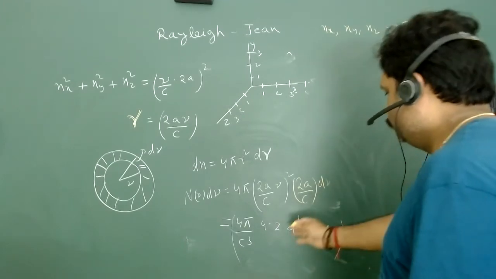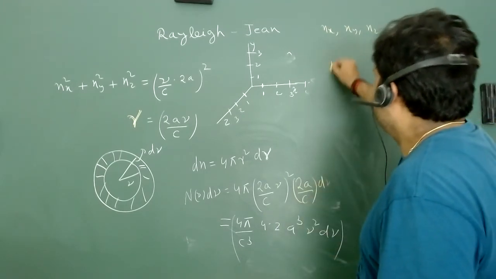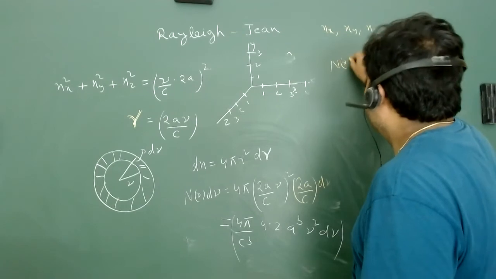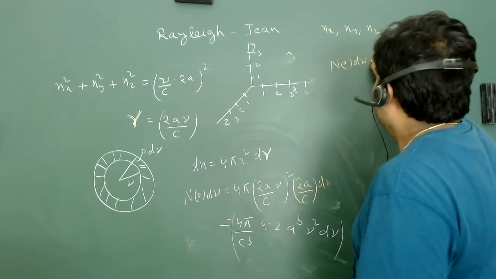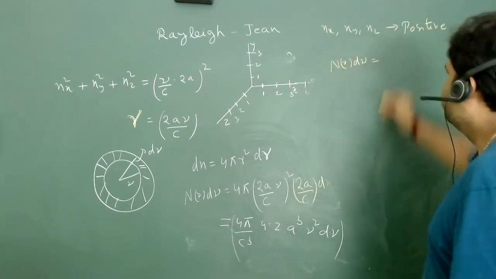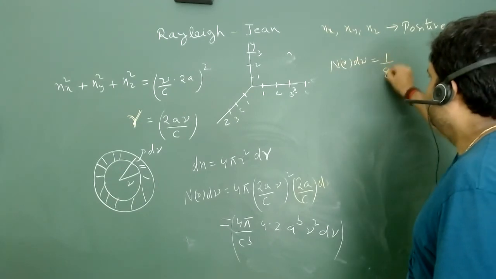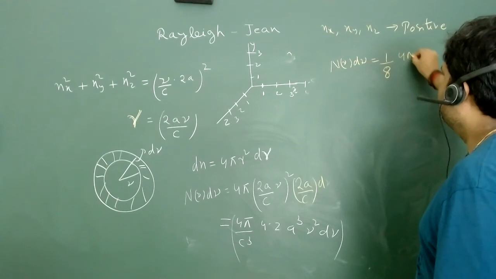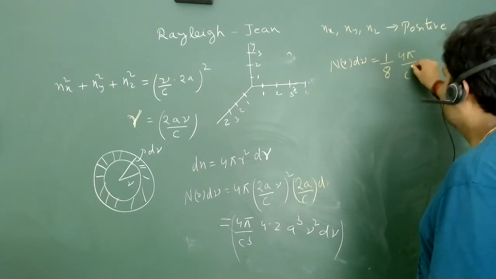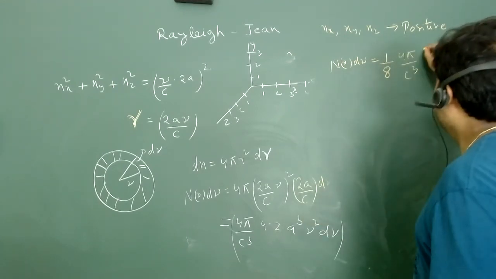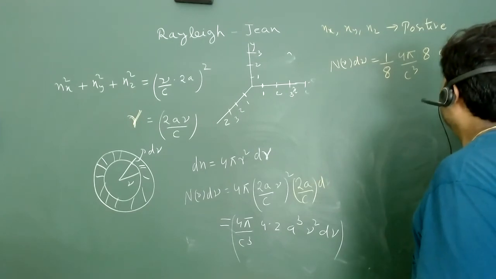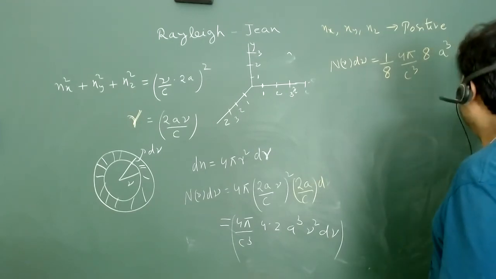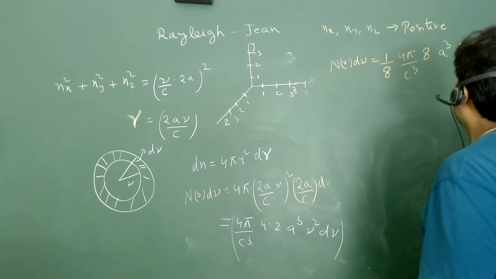So now we can just divide the actual number of modes, or actual number of waves, or actual number of states by 8, and this will be 4 pi upon c cube. 4 into 2 is 8, and this will be a cube and nu square d nu.